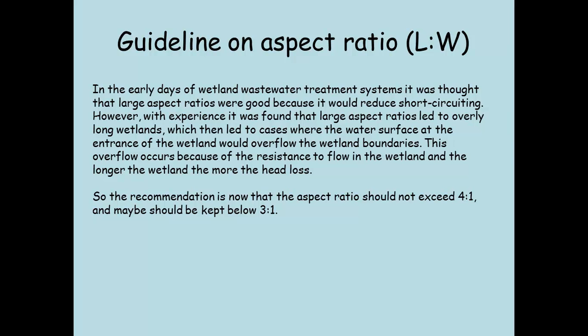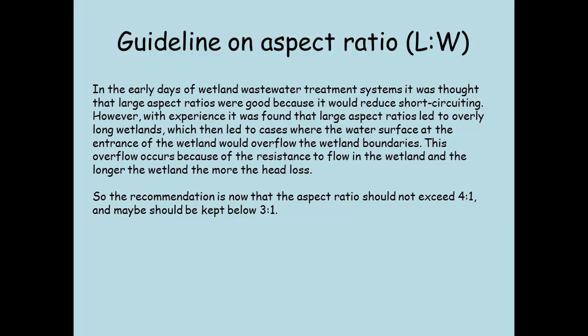However, it was found that if you have too long of a wetland, then you have excessive head losses occurring in the wetland, and you can actually get to the point where the water will overflow the banks or the berms that define the treatment wetland. That the rise in depth of flow, which represents the head loss that's occurring in the wetland, that rise becomes excessive.